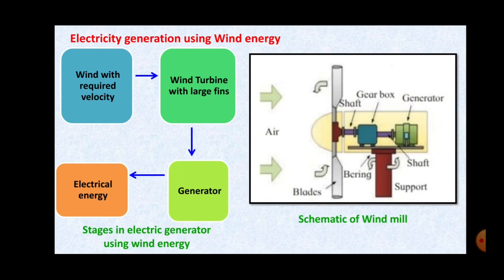As no artificial fuel is used in this, it is a natural source, that is wind. So wind energy is a very clean energy source. But the only limitation is that wind velocity of the required speed is needed for this rotation. So only at very limited places can wind energy be generated.